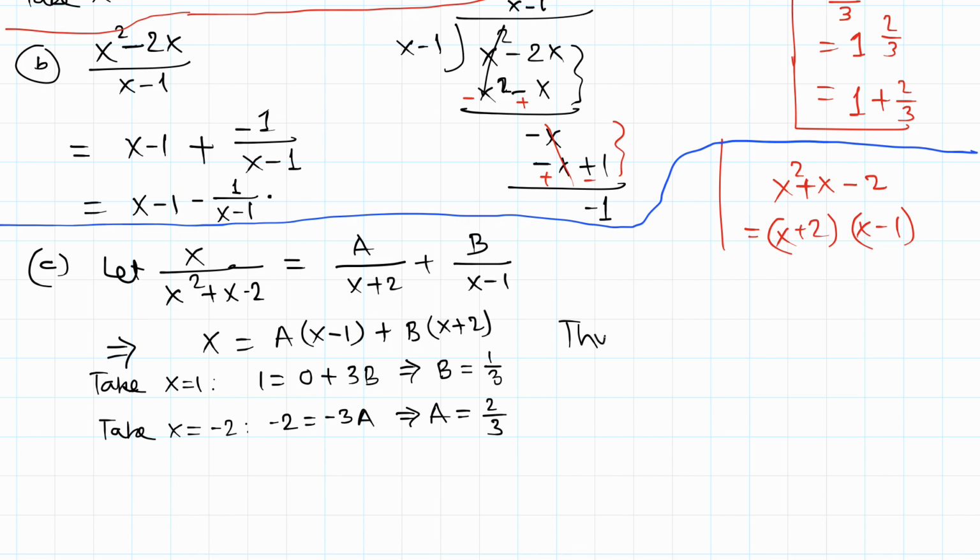So thus we can write this fraction x over x squared plus x minus 2 equals a over x plus 2, a is 2/3, over x plus 2, plus b, 1/3, over x minus 1. Okay, final.